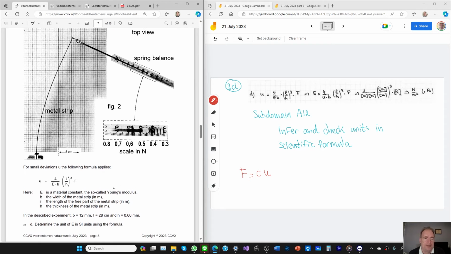And determine the units. That's a skill mentioned that is required in subdomain A12, infer and check units in scientific formulas. So you first write this as an equation for E. So you try to write E is this, and then for each you just substitute the dimensions, like they've done here.